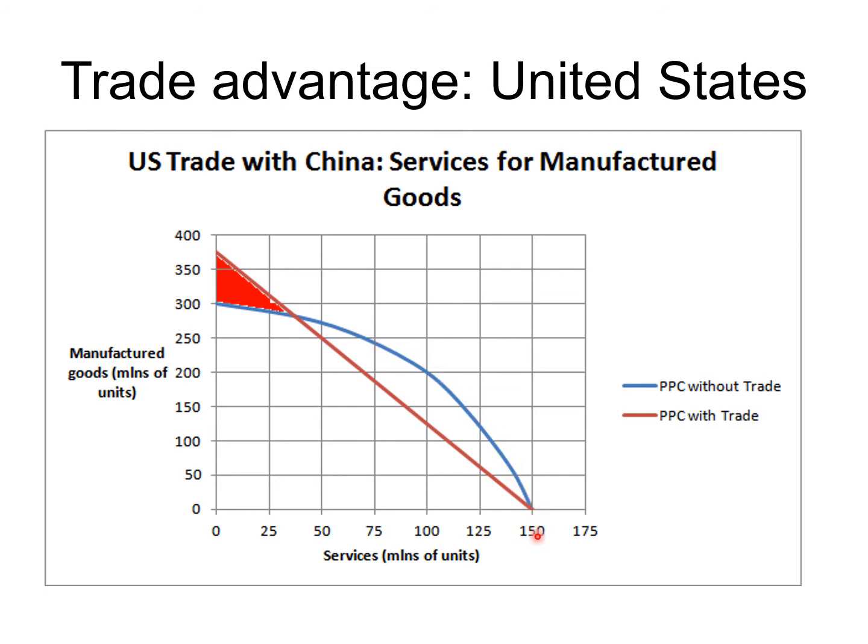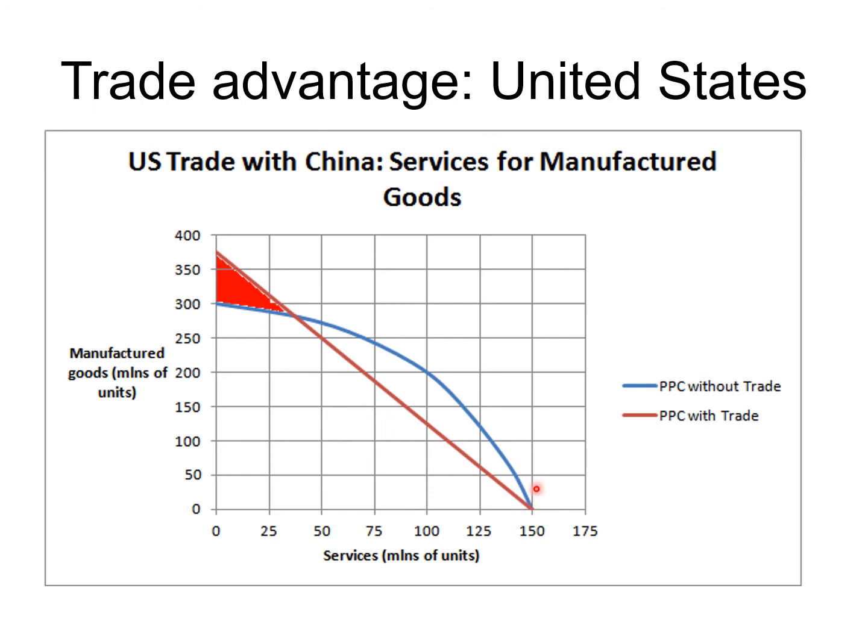You see, internationally, in trading with the Chinese, given the terms of trade, if the United States specialized and built only services, they could exchange all those services for 2.5, okay, getting 375 manufactured goods.